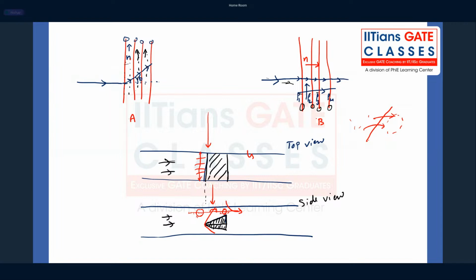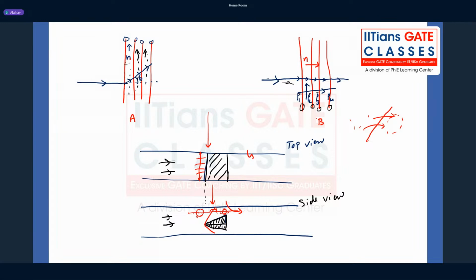Which direction will the light bend now? Towards the side, right? Why is there a question mark? No need to put a question mark. You should be confident. It should be towards the side, right?